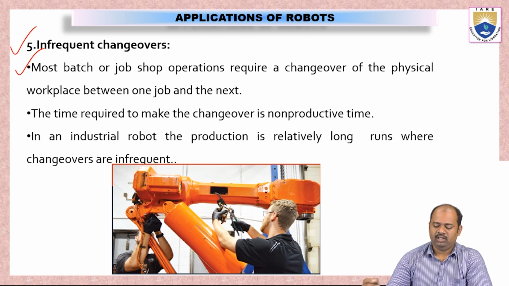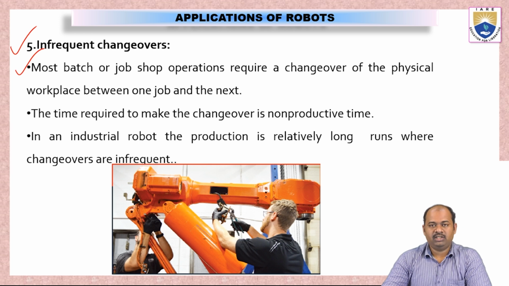And one more thing, a changeover of the physical workplace means that we have to change the workplace environment around the robot or any automation system. When we are using a robot, we require only a very small amount of changeover. We don't need to change the work environment or the working capability of the robot each and every time.